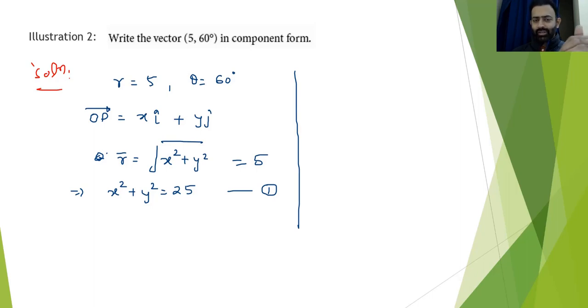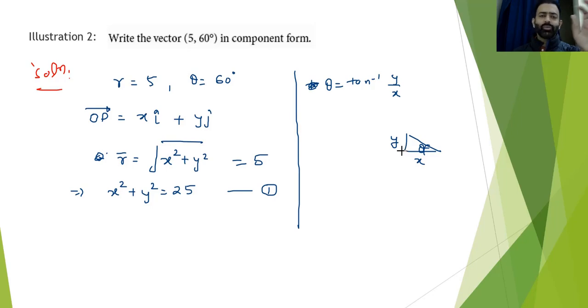Now second part is, since there are two variables involved, x and y, we need two equations. So first equation is the magnitude one, and second equation we will get using the tangent formula or the angle formula. Since theta is always given by tan inverse y by x, as we have witnessed from the previous example, if I take tan theta, you have been given a triangle, this is your theta, this is the y component, this is the x component, so tan theta is y by x, so theta is always tan inverse y by x.